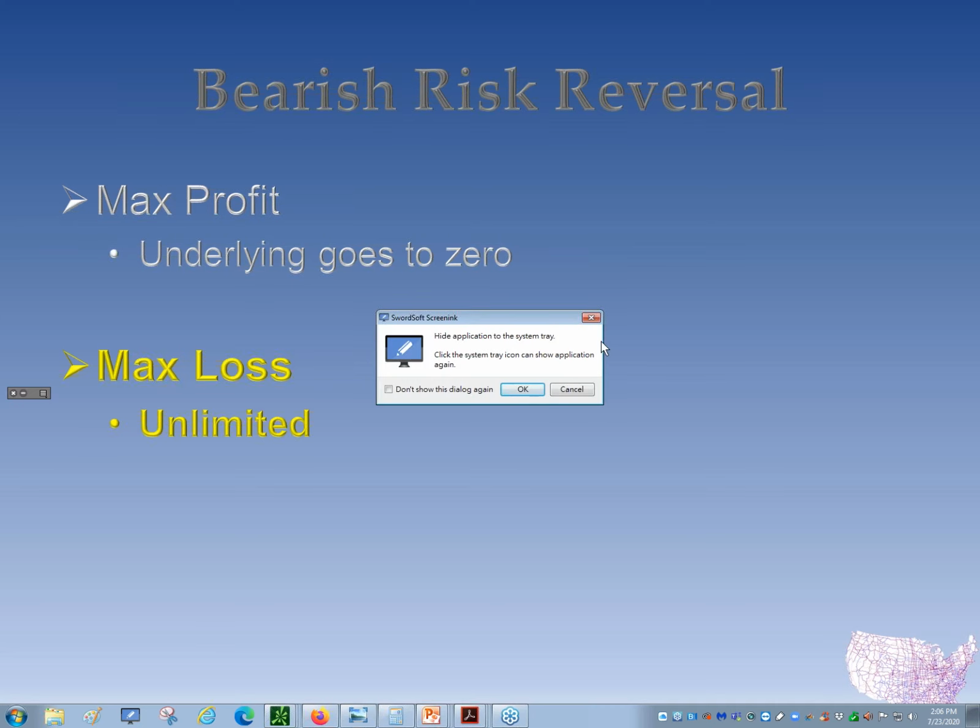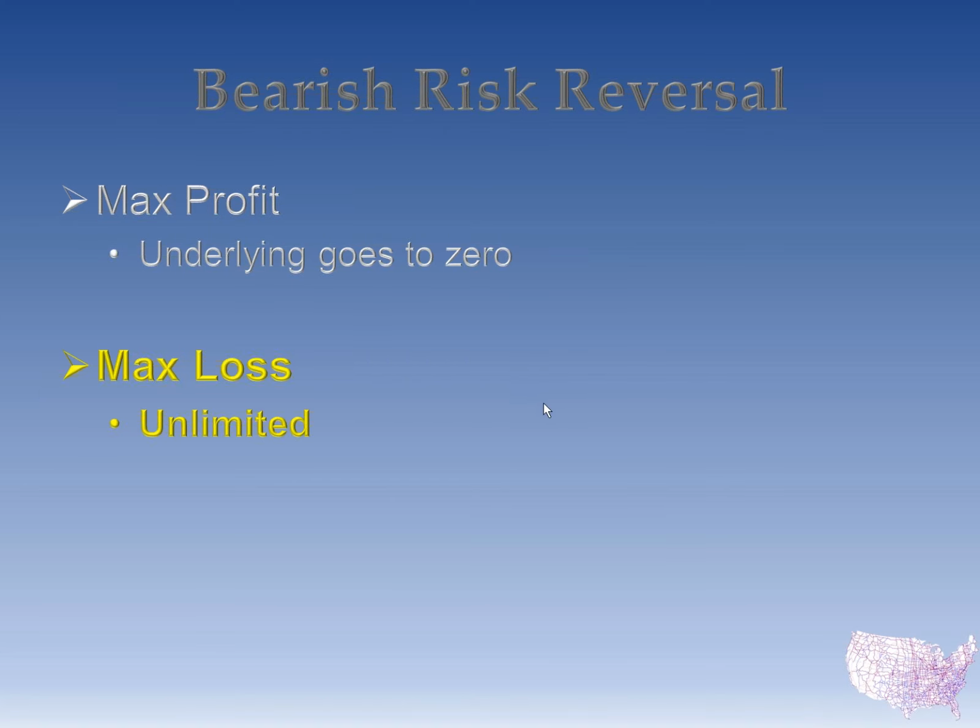All right, so max loss is unlimited, just like if you shorted a stock. If you got short a stock, it's unlimited risk to the upside, and the underlying goes to zero. Vice versa, if you got long a stock, you still have unlimited risk and reward as well.